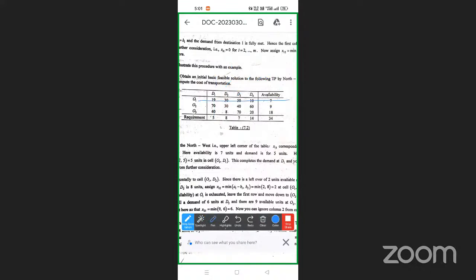So the first row is cancelled, and the second row also. Here the allocation is 2, here the allocation is 5, and here only 6 remains. In the remaining table, 30 is the northwest corner.